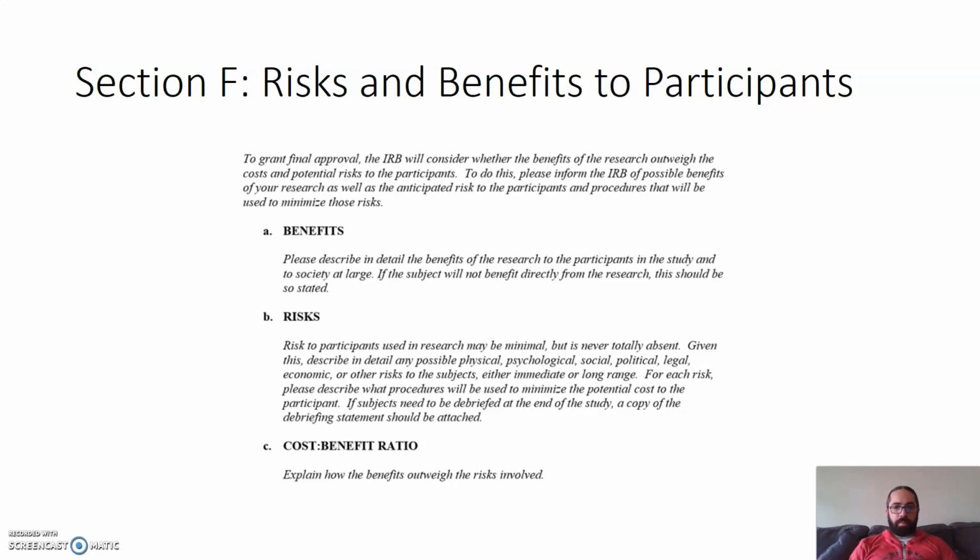Concerning risks, if you're under level 2 review, note that your study still provides minimal risks. These could be physical, psychological, social, political, legal, economical. Note that research is not absent from risk in this case, so you need to specify any potential risk here. In my case, I often do cognitive tasks focused on memory.